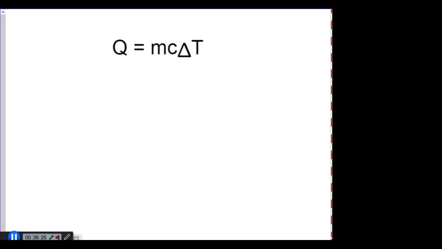M is mass. C is specific heat capacity. Delta T is temperature change, which means final temperature minus initial temperature. This is important because we could have a temperature increase or a temperature decrease.